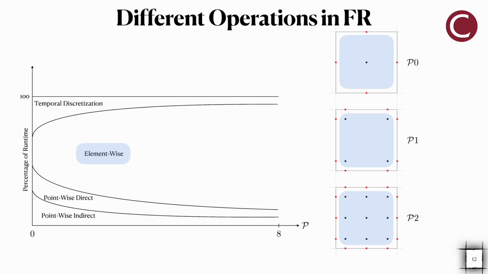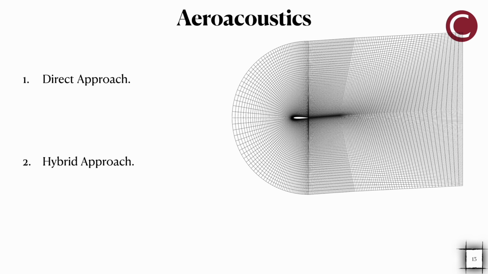So far I only talked about the flow solver, but what about the acoustic solver? In general, for aeroacoustic analysis, we have two different approaches, the direct approach and the hybrid approach. For the first half of my thesis, I used the direct approach, and for the second half, I used the hybrid approach. But what's the difference between these two?